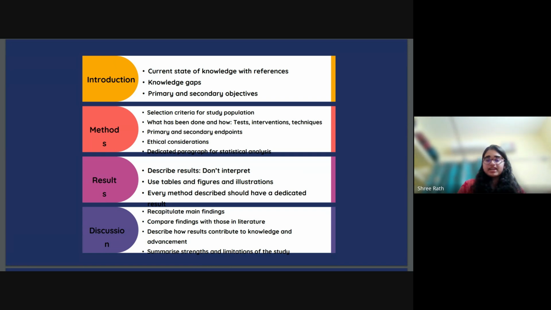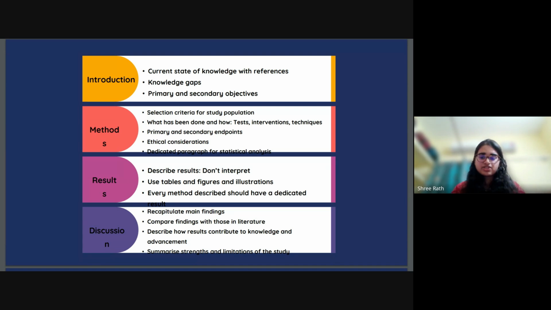And then you would summarize the strengths and limitations of the study, why you think your study was better, like there is a significant contribution to the scientific community, and what was the exact methodology or any form that made your study better than the rest.